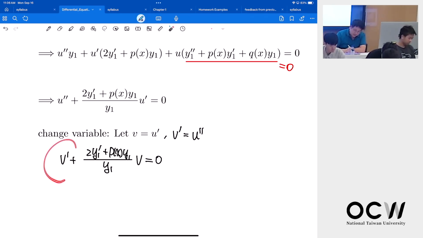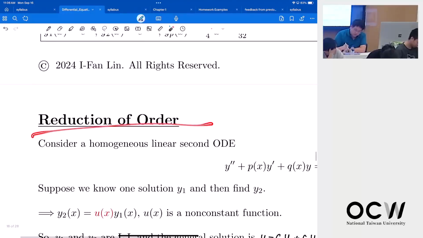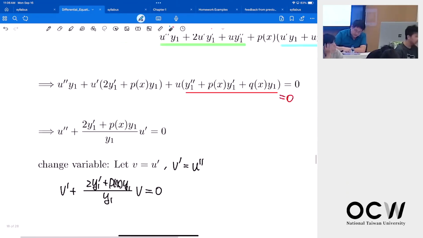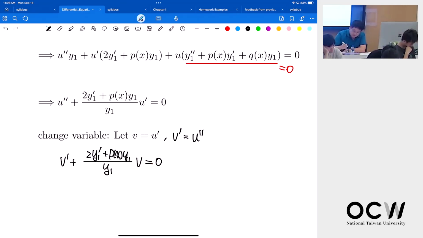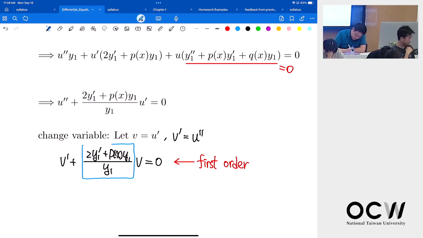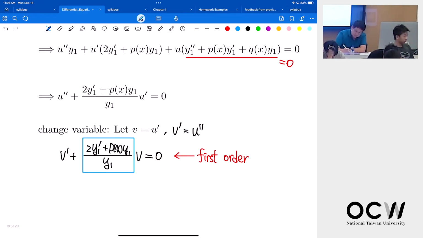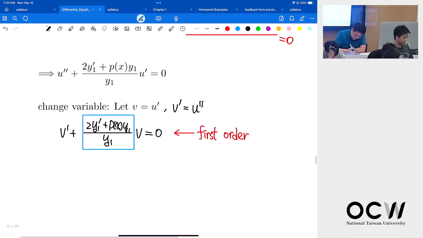Now you can see why we call it reduction of order, because here we have a first order equation. And we'll let this bunch of stuff be g of x. So we have v prime plus g of x times v equals 0.